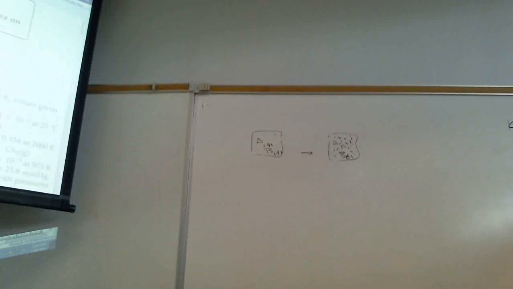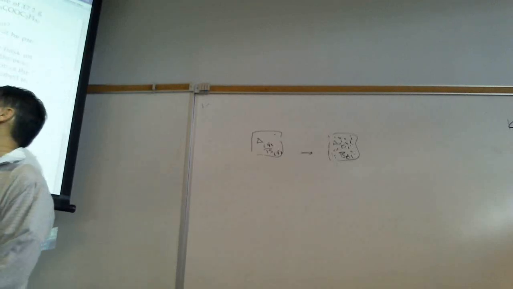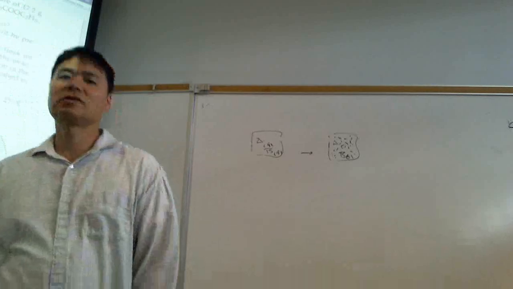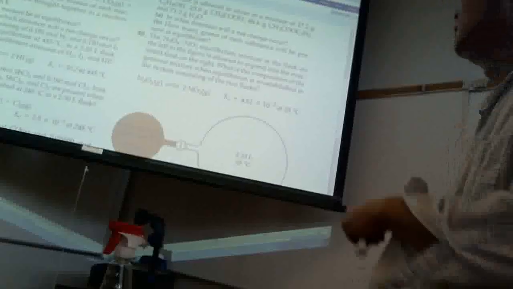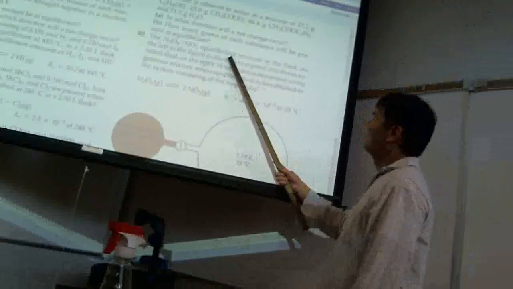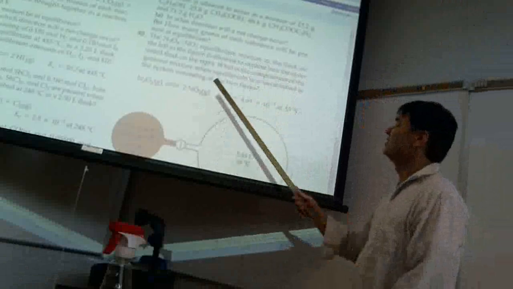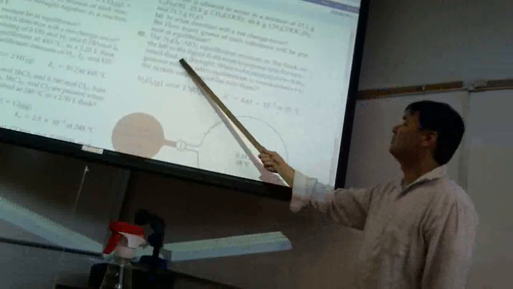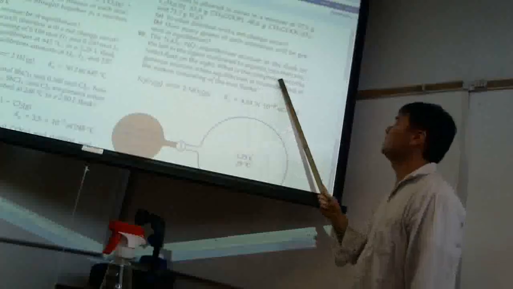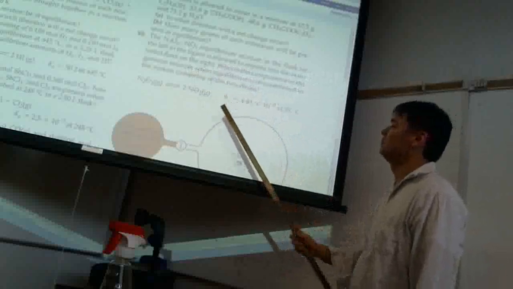So let's take a look at this one, this dinitrogen tetroxide and nitrogen dioxide problem here, number 40. It's an equilibrium mixture, so it's already at equilibrium, and the flask on the left in the figure is allowed to expand into the evacuated flask on the right.